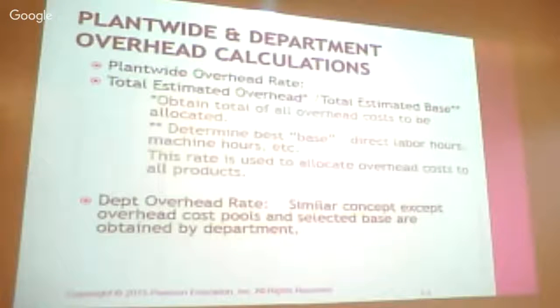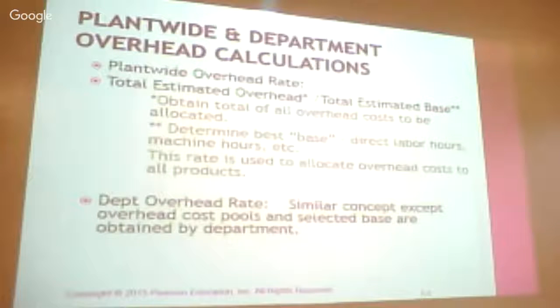So now, how do we determine the plant overhead rate? We take the total estimated overhead divided by the total estimated base. Now, how do we do that? The base can be direct labor hours, machine hours. It could be square footage of the department.